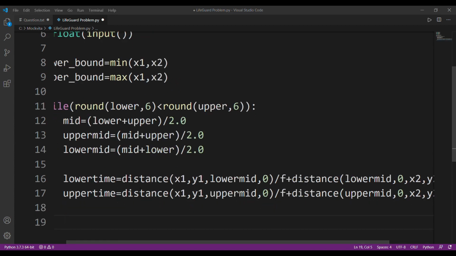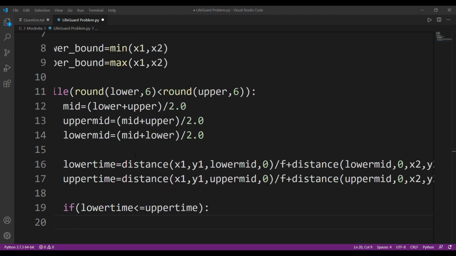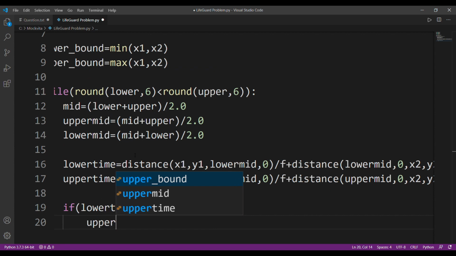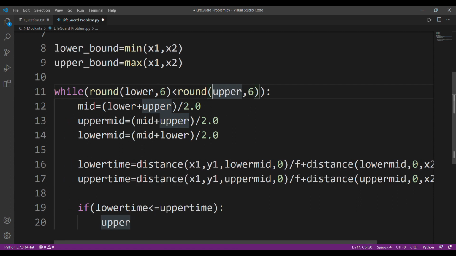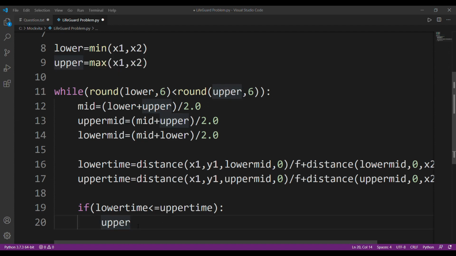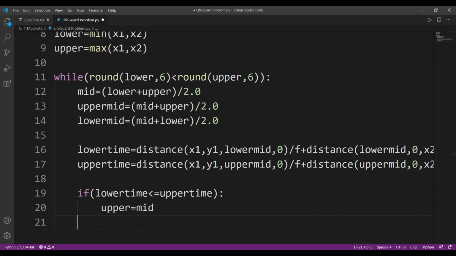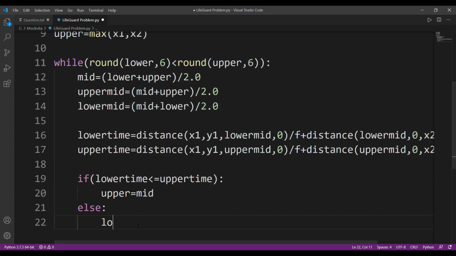If the value of upper time is greater than lower time, then we will simply make the upper bound. I have written upper everywhere, so let's remove this bound from here. So then upper will be equal to mid. Almost half of our portion will be covered in just one iteration, and if that is not the case, then lower should be equal to mid.